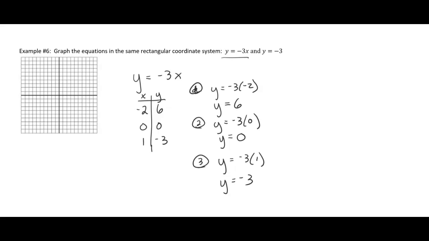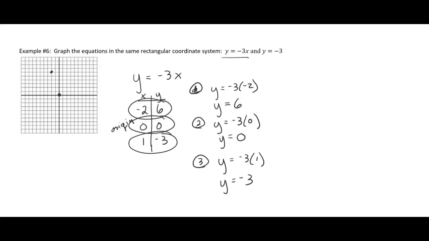Now these are the ordered pairs we're going to be graphing. Negative 2, 6, so go left 2 and up 6. Right there. And then 0, 0, that's the origin. So it's an ordered pair that goes right through the origin.